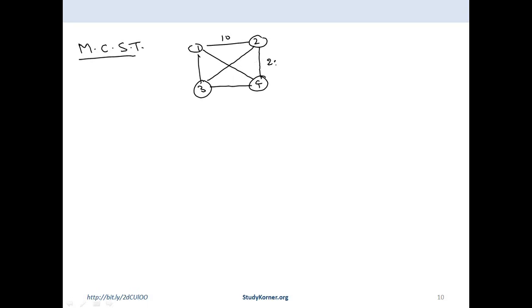So suppose it is 25, it is 50, then it is 40, then it is 30, and it is 20. So this is a connected undirected weighted graph.